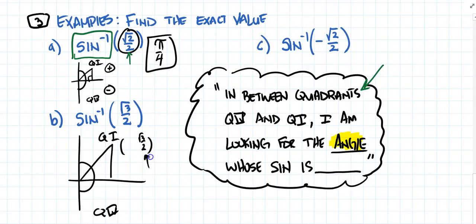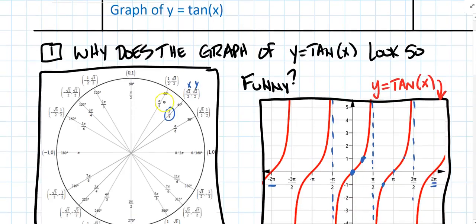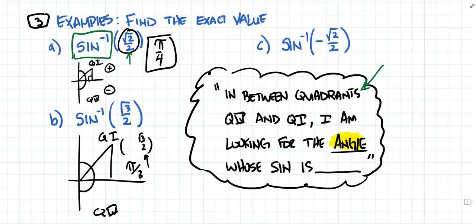So where is the y value worth rad 3 over 2 in quadrant 1? Well, it would have to be at pi over 3 radians. And if you don't know that, you can look back at your unit circle and see. So if I look back at my unit circle over here, I see here's pi over 3, and the sine value is worth rad 3 over 2, so therefore that must be the answer. So the inverse sine of rad 3 over 2 is equal to pi divided by 3.